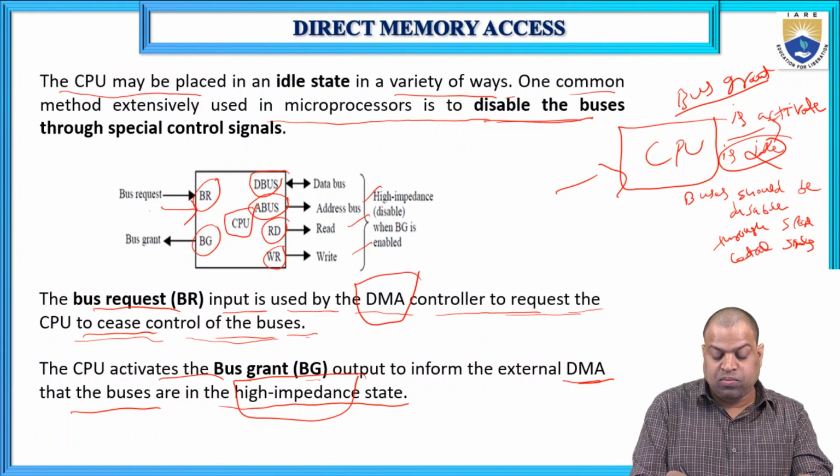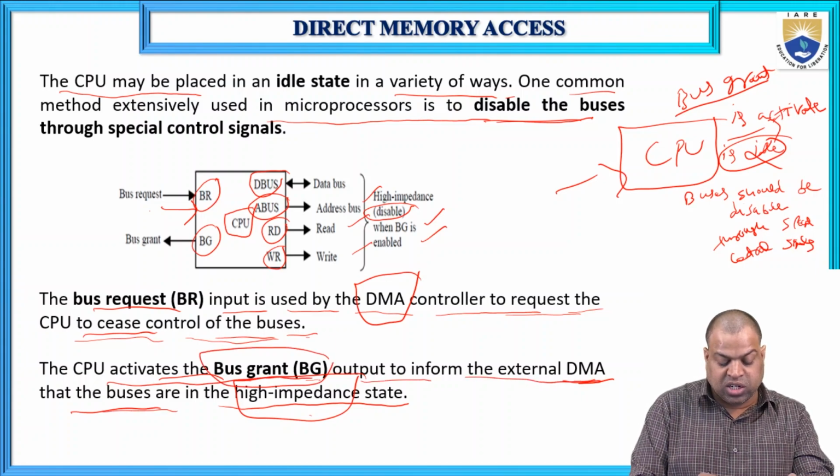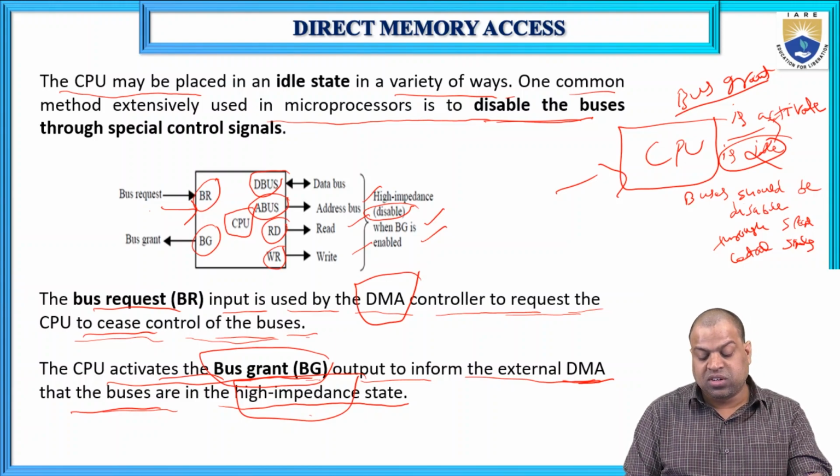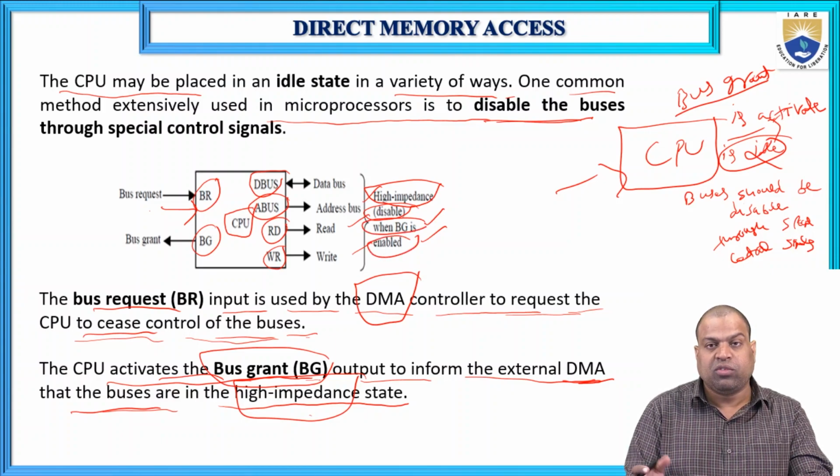So when high impedance is disabled, BG is enabled. If the BG is enabled, the CPU activates the bus grant output to inform the external DMA that the buses are in the high impedance state. So when the buses are in high impedance, the bus grant is enabled. If high impedance is disabled, then there is no need of any bus grant.